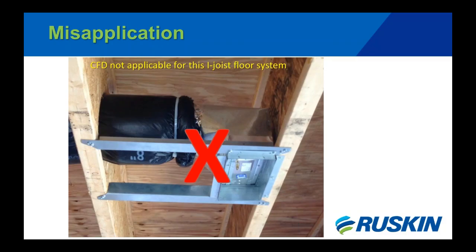So the 2 major things wrong here: you have a floor system that's never been evaluated or allowed to have air duct penetration. So that's number 1. That's going to be the most critical. It can't even be penetrated, period, with any damper product. There's no company that has a listing for any radiation dampers for these type of I-joist systems.